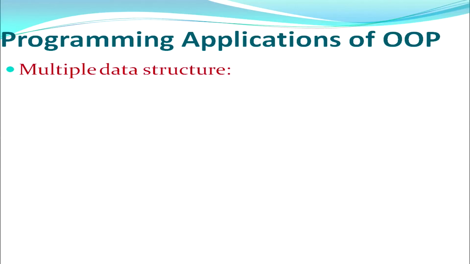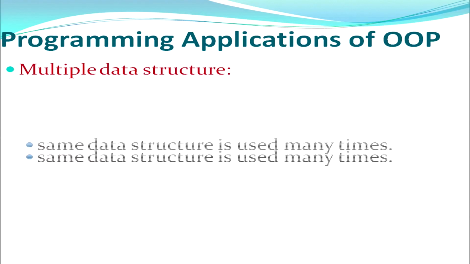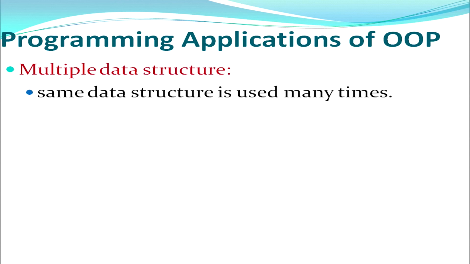Because of the various advantages or benefits that object oriented programming offers, it is being used at various places in programming applications. Some of the applications we will be discussing here. In multiple data structures, that means the same data structure is being used many times.